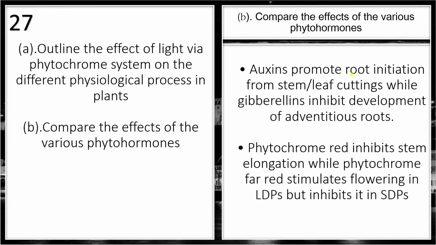Auxins promote root initiation from stem or leaf cuttings. Gibberellin inhibits development of adventitious roots.